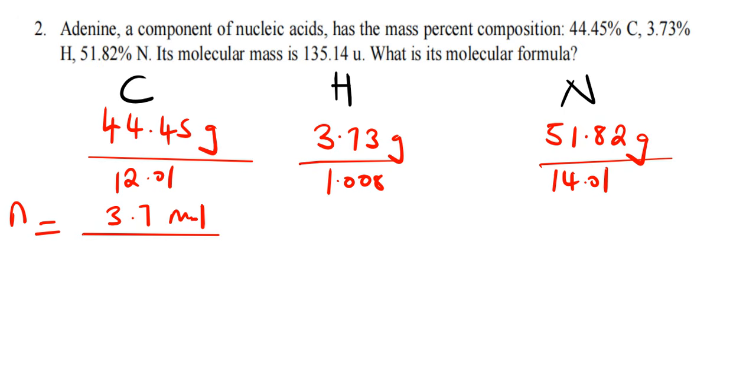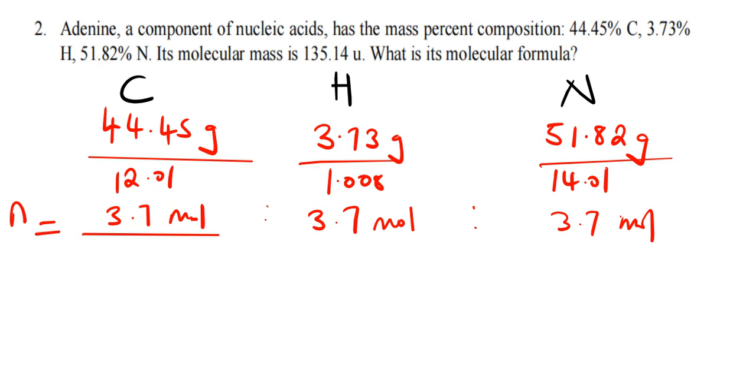What about hydrogen? 3.73 divided by 1.008. I'm getting 3.7 as well. And then I come to the other one. 51.82 divided by 14.01. I'm getting 3.7 moles as well.